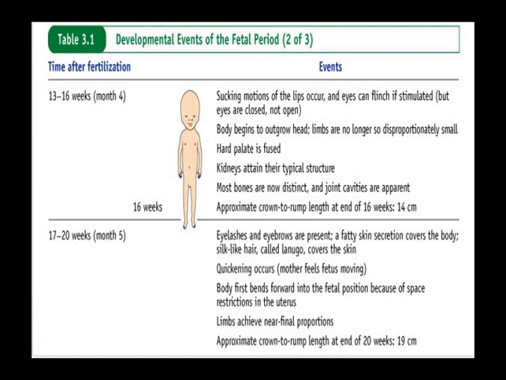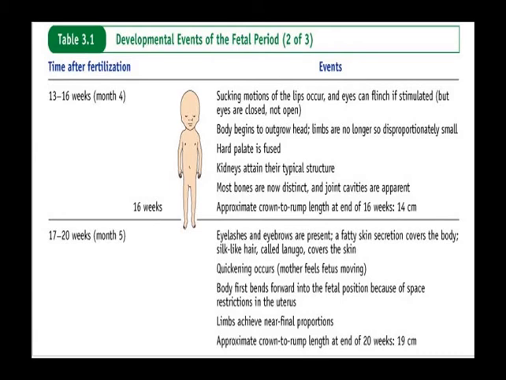The limbs are now longer, and the lower limbs are proportionally small, and the hard palate is now fused. The kidneys attain their typical structures. Most of the bone and joint cavities are present. The approximate crown rump length at the end of the 4th month is around 14 centimeters.